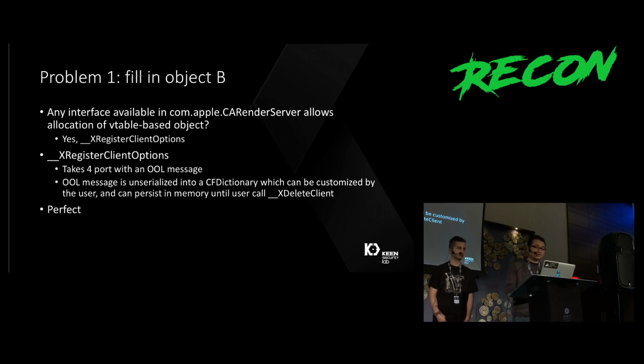That CF dictionary also persists in memory until we call a function called XDeleteClient. So it's a very perfect candidate to fill in, to be object B to fill in that memory.